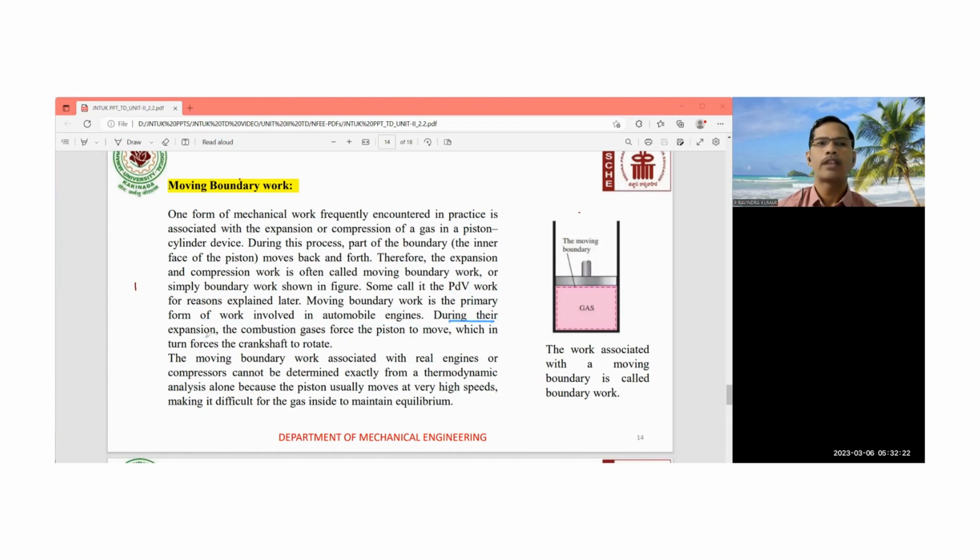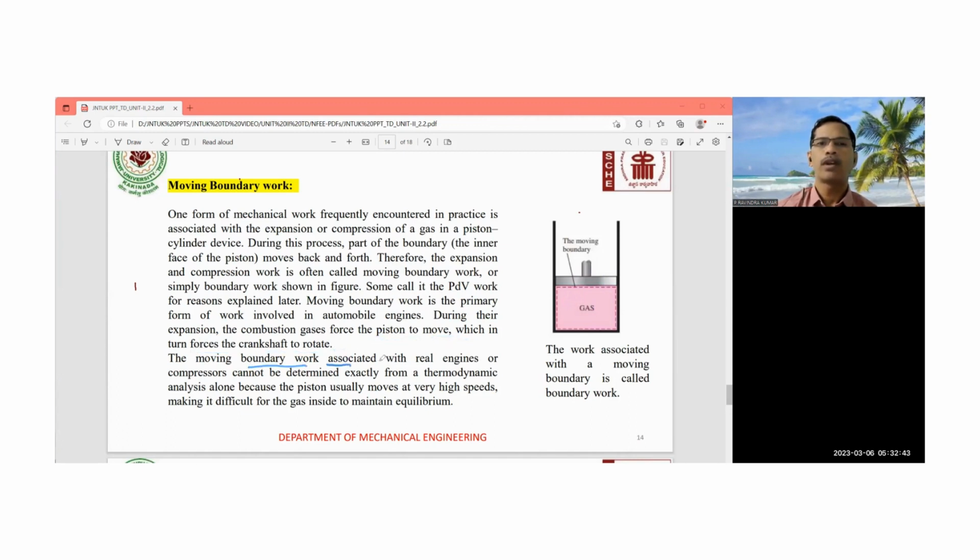During expansion, the combustion of gases moves the piston upwards. Very high pressure is created on this side, which forces the piston to move, which in turn forces the crankshaft to rotate.